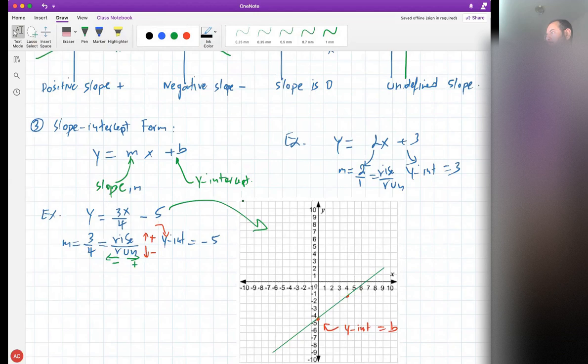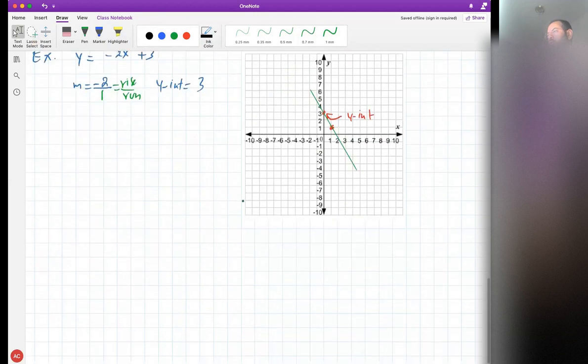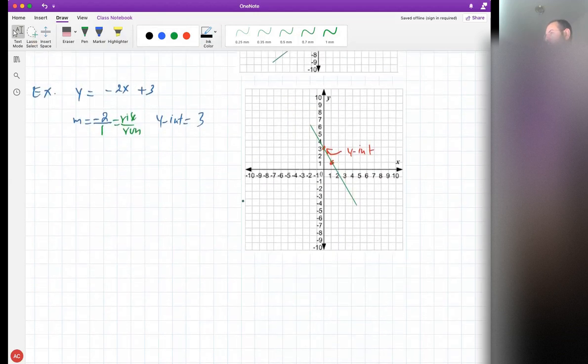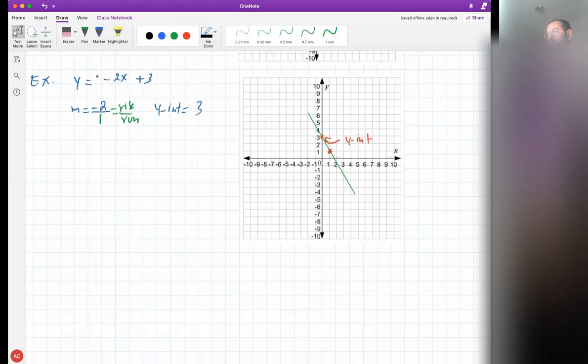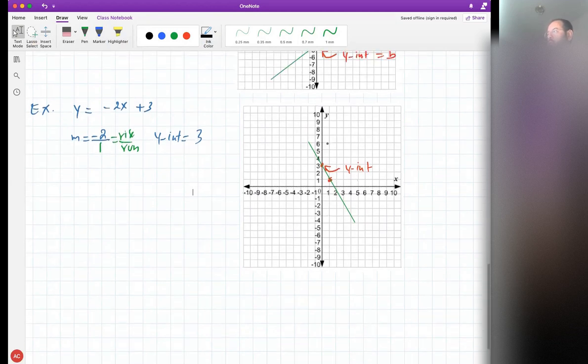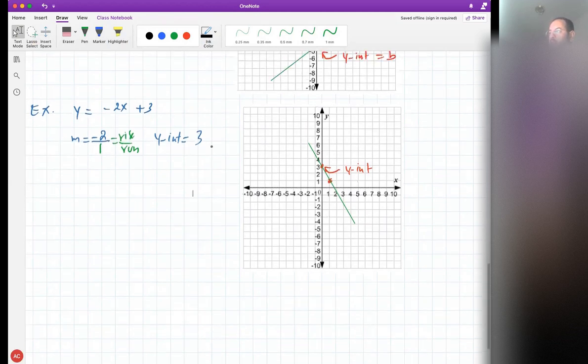And that's basically how you graph. See how easy it is to graph the lines using this formula, which is convenient. It may ask you to graph, or it may just ask you to identify these. You could just read them from the formula and that's it. Another question might be to graph.